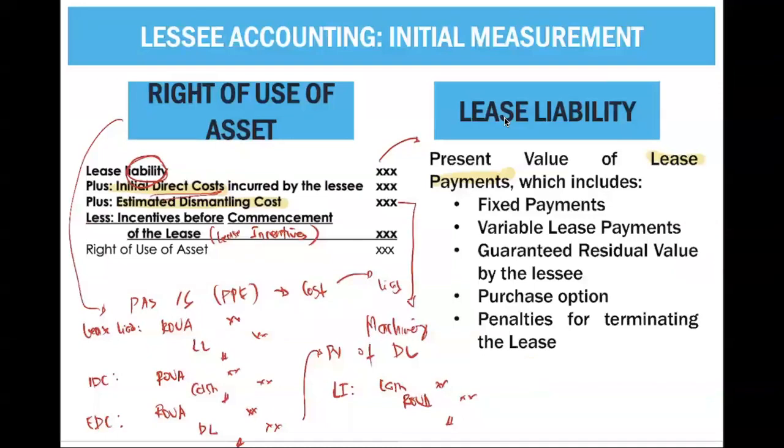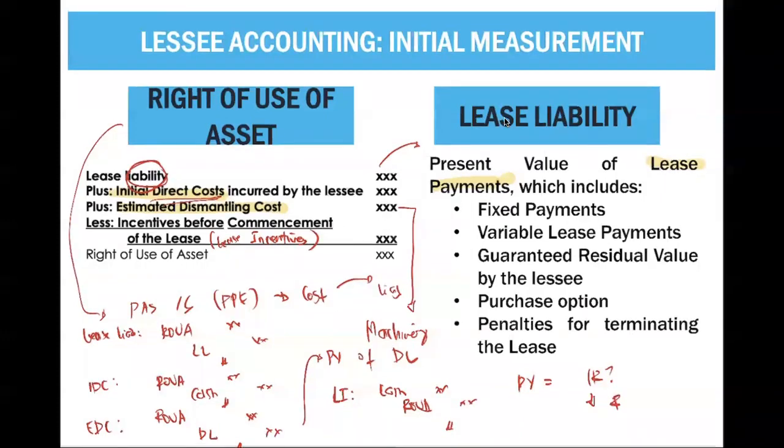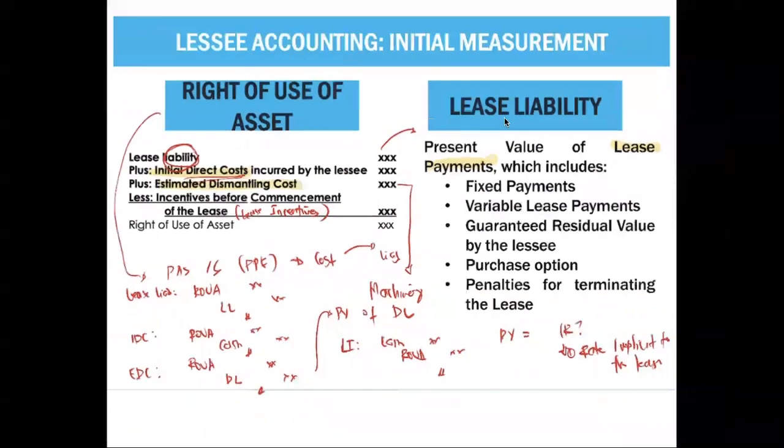Since we're talking about your present value, one thing that may come into your mind is, what is the interest rate? The interest rate that we will use here in your lease liability is the rate implicit to the lease. And if the rate implicit to the lease is not given, what rate should we use?